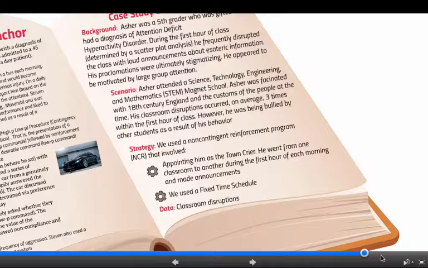Why did it work? And it did. Well, it worked because Asher was receiving all the attention from large groups that he was looking for. And then that devalued the kind of attention he was getting as a result of doing stigmatizing things in the classroom, making his own proclamations or sharing esoteric information. So this strategy, non-contingent reinforcement, works as a result of the person acquiring reinforcers.